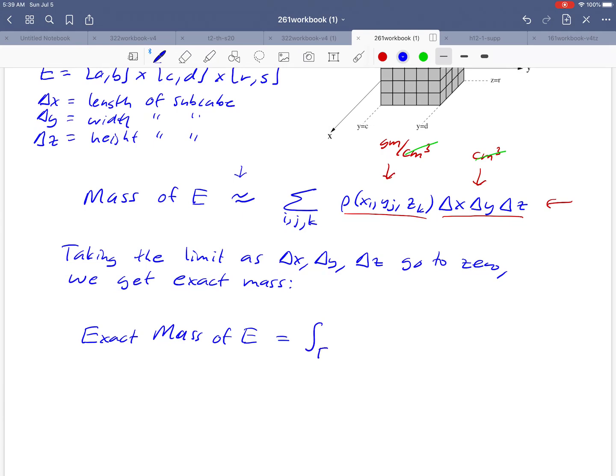Here's the notation for it. It'll be the integral over the region E of the density function rho of x, y, z times dV. You can think of dV as just being a really small cube that you get after you've shrunk the dimensions all to 0. And you heard me say this in words, but I'm going to write it as well. This is called a triple integral.